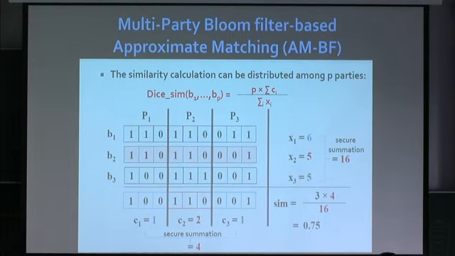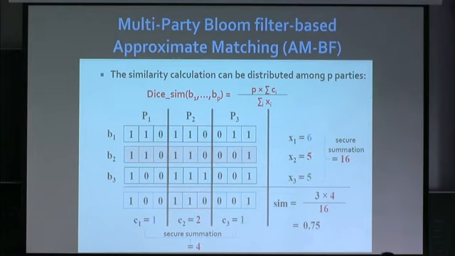For example, here we split Bloom filters of 9 bits long into 3. So the first party receives the first 3 bits from the other database owners. The second and third party receive the second 3 and last 3 bits from the other database owners, and then they apply a logical conjunction on these Bloom filter segments to calculate the number of common 1 bits in each segment.